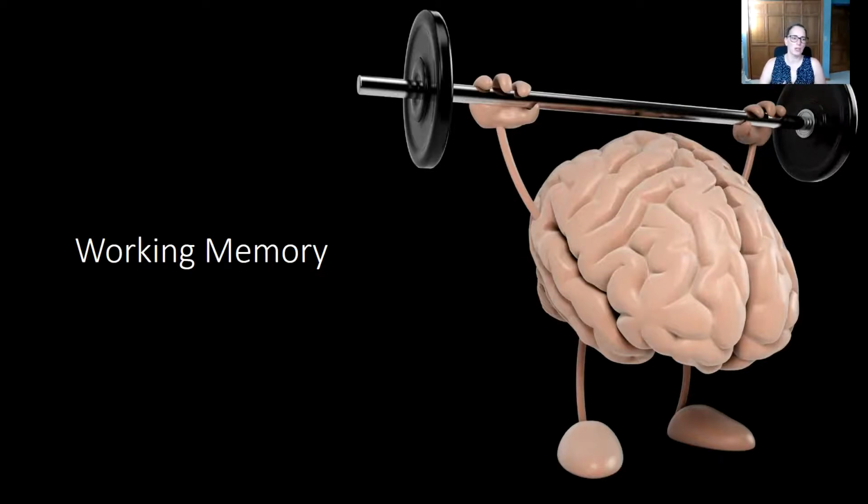So working memory itself, we don't typically talk about it necessarily in a general psych class, but it's this kind of bridge between the information that's in your short-term memory and information that's in your long-term memory. And the information that we think is important, that we need to attend to, that we need to practice and work with, is how we get it into our long-term memory.